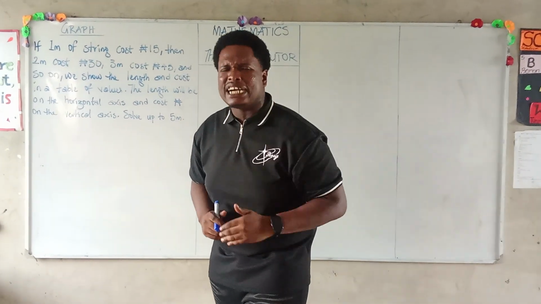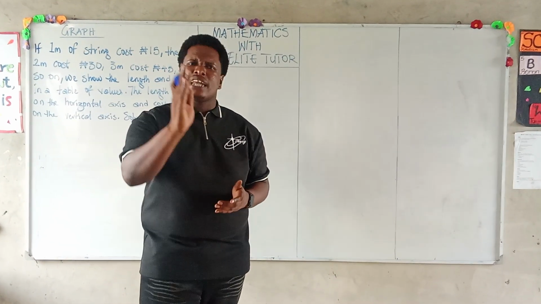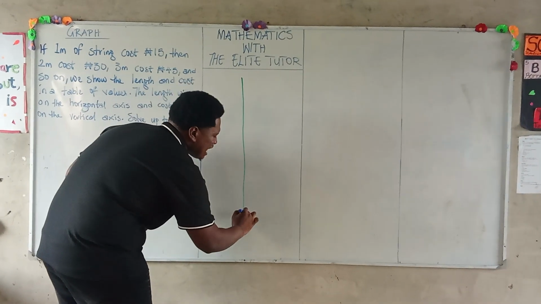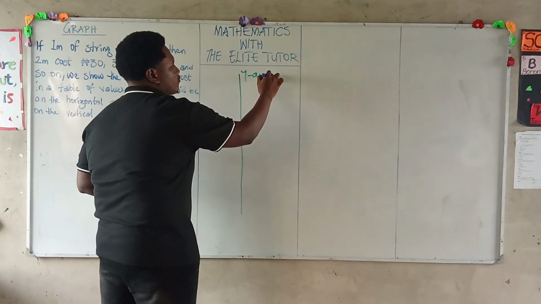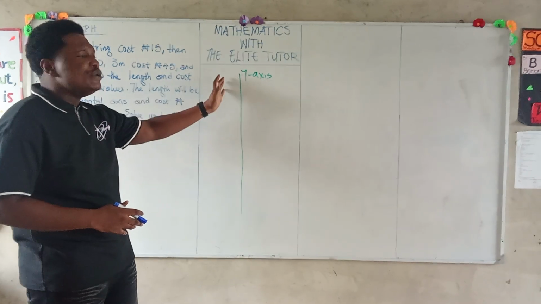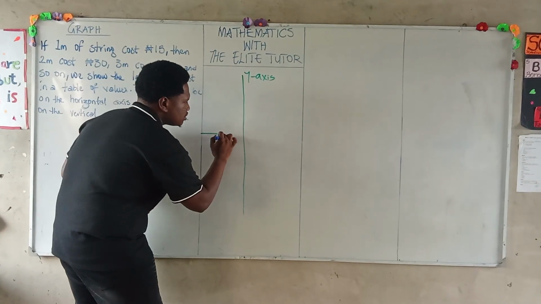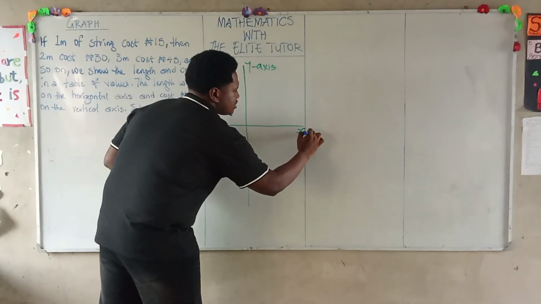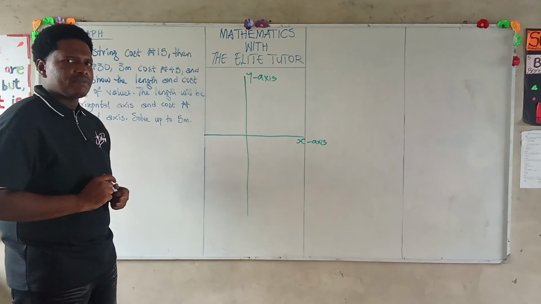Now, we can't talk about graph at this level without looking at our y-axis and our x-axis. I want you to follow closely. When we have a straight line like this, this is our y-axis, the vertical line. And this other line, the horizontal line, is our x-axis.